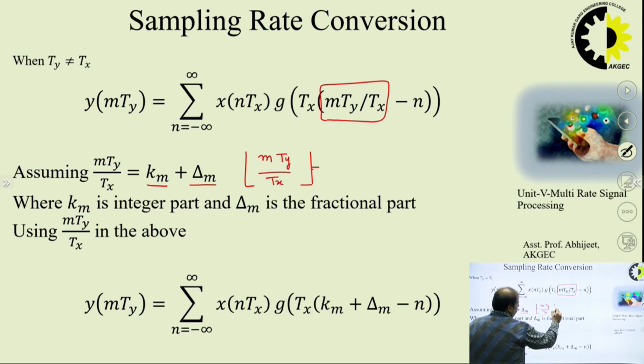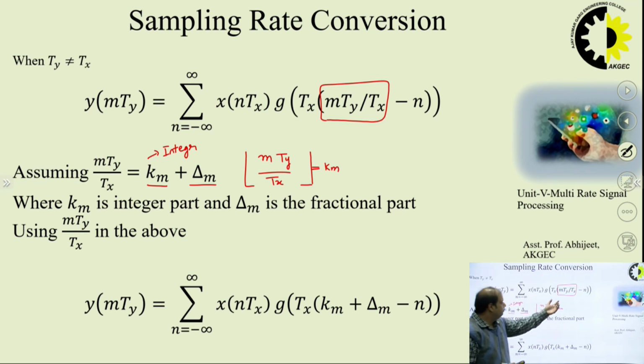This km is the integer value, and delta m is the fractional part. So if Ty by Tx is an integer, delta m will be 0. Otherwise, it is some integer portion and the remaining fraction.